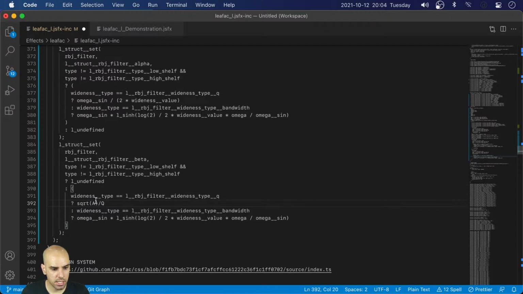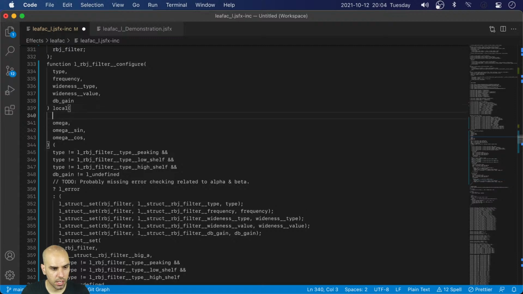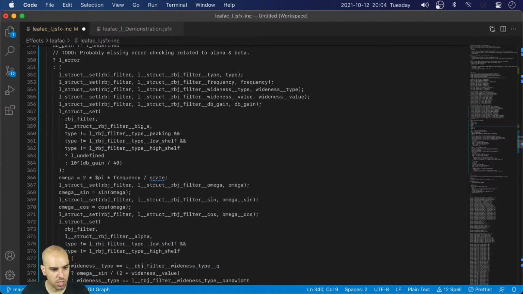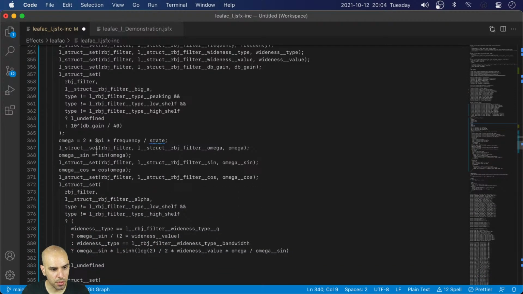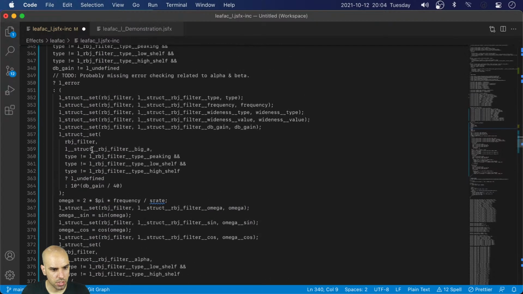And this A is not A. I think I'm going to need a big A situation here, and I need to find where I'm computing the big A, which is right there.